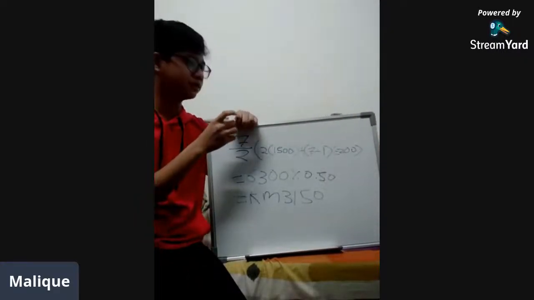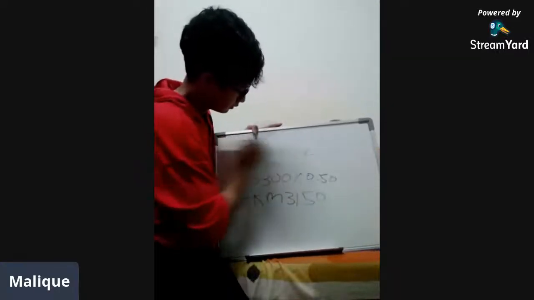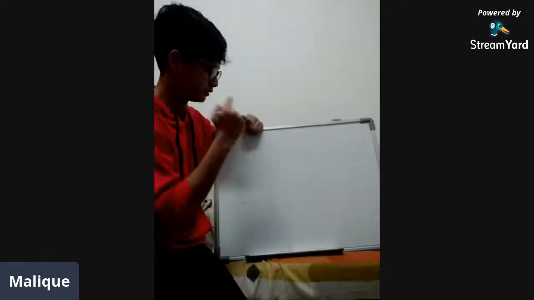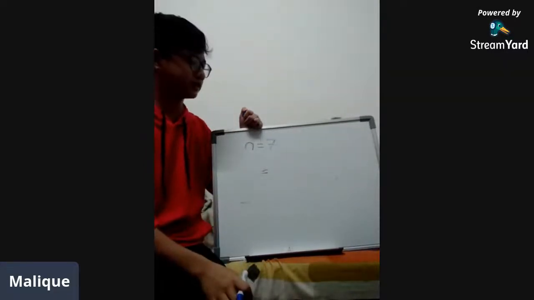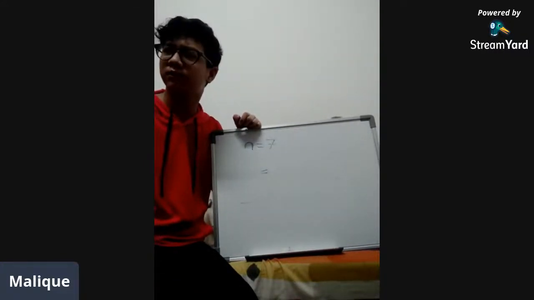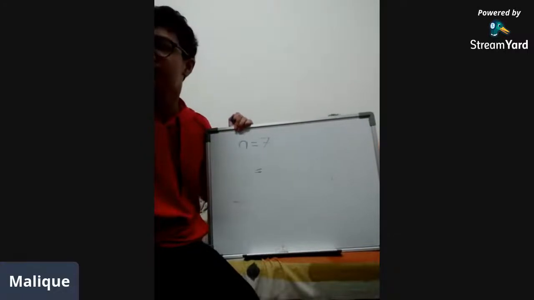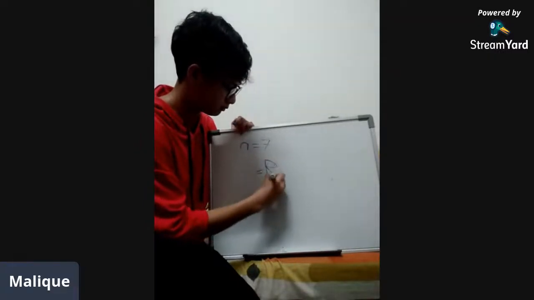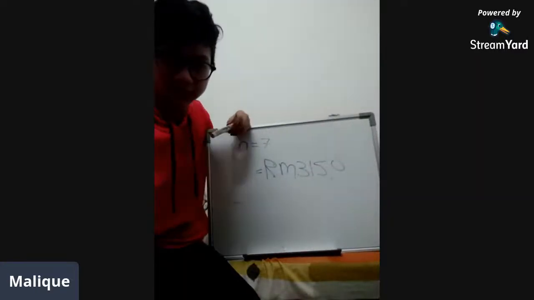So as a conclusion, we know that n is 7, and the total n, which is the day, which is how many days Encik Suhaimi had, went from 15 to 300, and the total expenses of food provided for the chickens is 3,150 ringgit. That is all. Real simple. Straight from the book. Thank you.